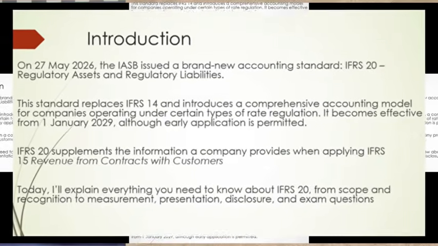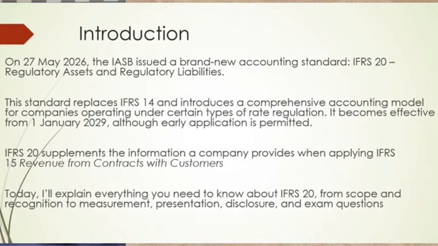Now, IFRS 20, as I said, was issued on 27 May 2026 for companies that are subject to a specific type of rate regulation. And it's going to come into effect fully on 1st January 2029.